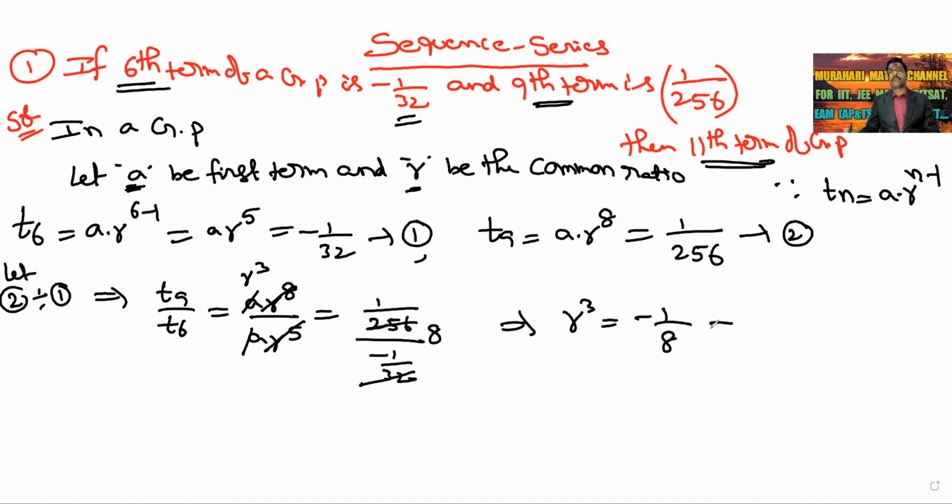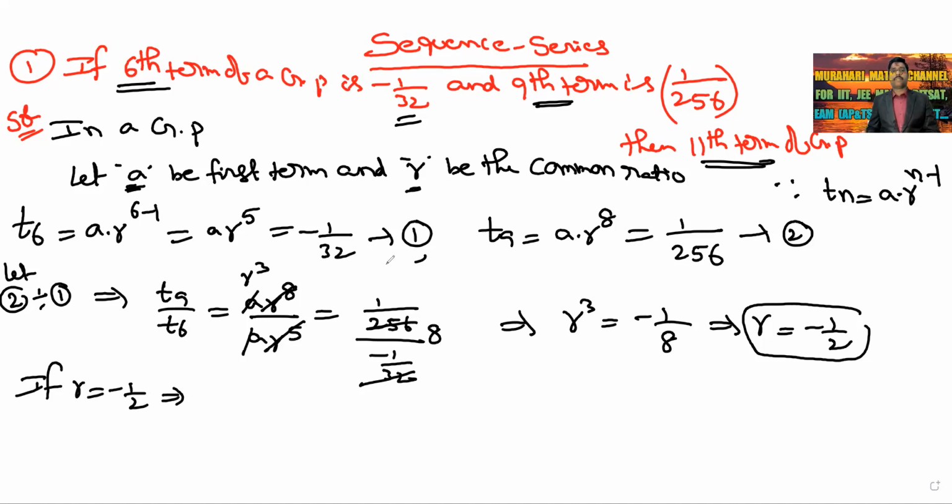Minus 1 by 8. Therefore, R is equal to minus 1 by 2. So R cube is equal to minus 1 by 2 whole cube. Therefore, R is equal to minus 1 by 2. If R is equal to minus 1 by 2, now we have to find the A value. So from equation 1, A into R to the power 5 is equal to minus 1 by 32.